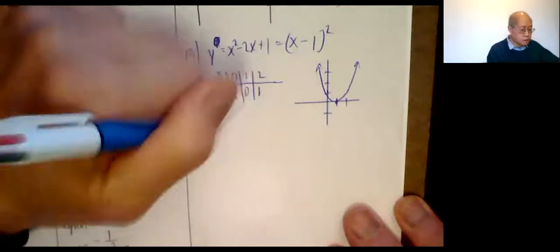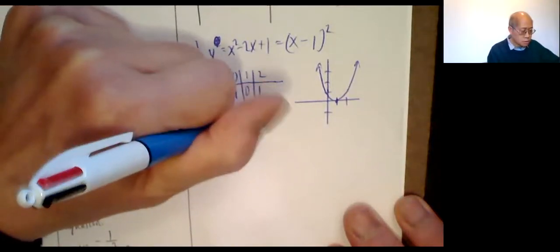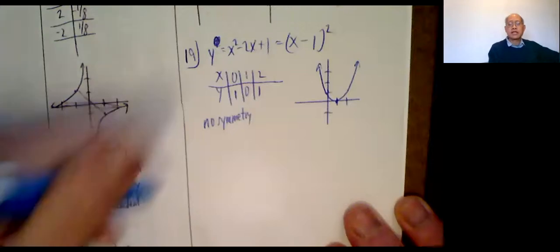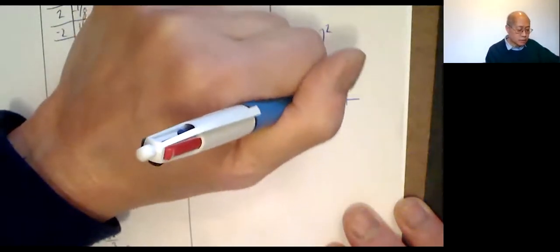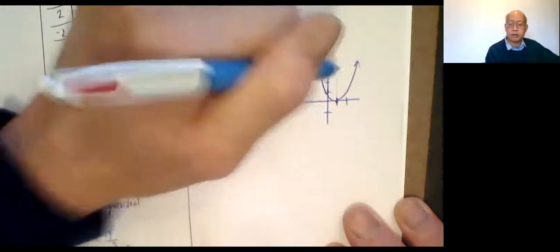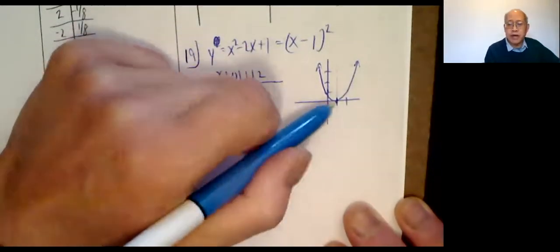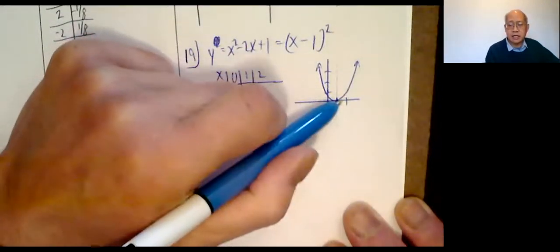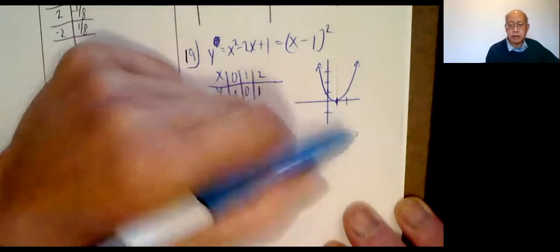And you can see there's no symmetry. Okay, at least with respect to the coordinate axes. I guess you could say there's an axis of symmetry here, but we're not talking about that right now, right? If I reflect about the x-axis, I don't have any graph down here, right? So no symmetry there.